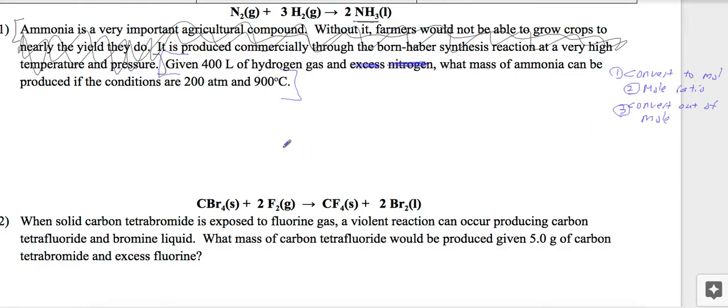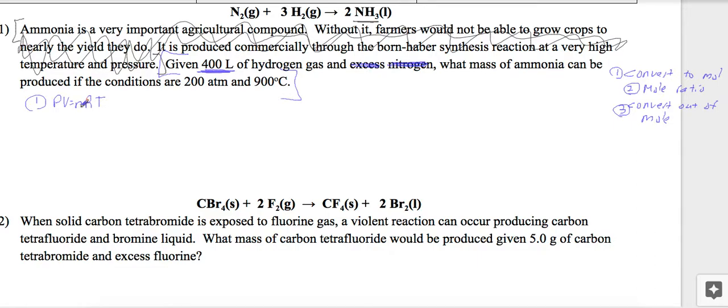So if we look at this problem, I'm given a volume. That is my key to use this, because Pivnert has the volume in it, and it can calculate moles.